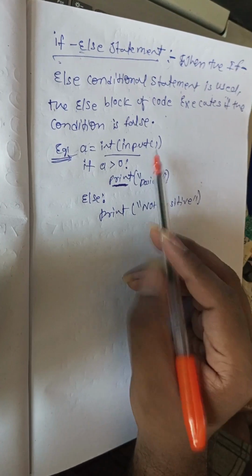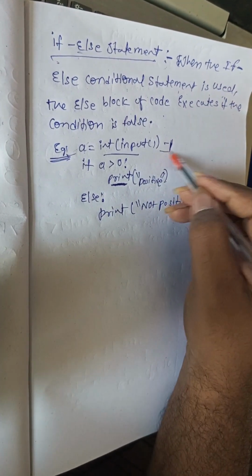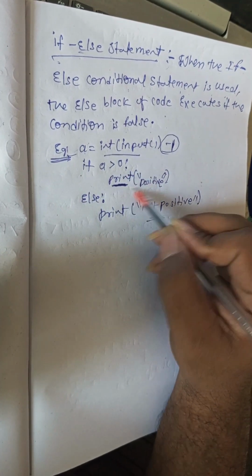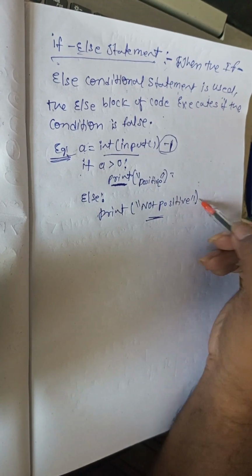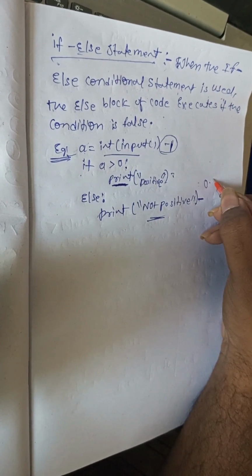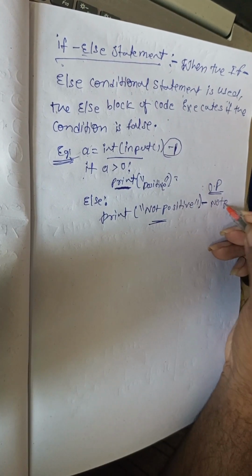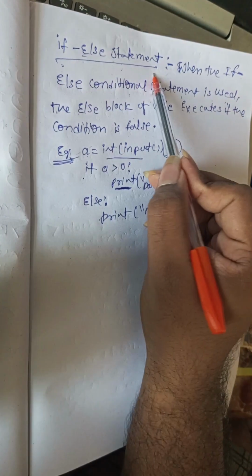So when we give the input as -1, it is not positive. If the first condition is true then it will execute, if false then else will execute. So the output should be not positive. This is about the if-else statements.